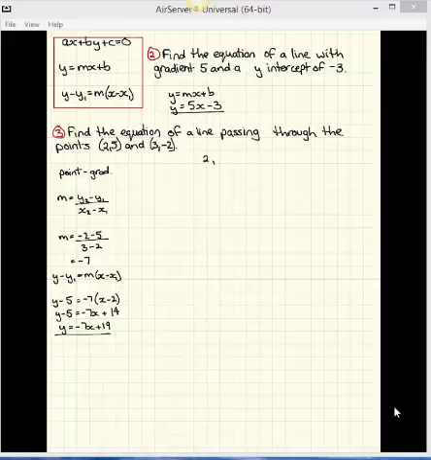Now if you wanted to use the 2-point formula, you're going to substitute straight into it. But again, I want you to start off with your formula so they know exactly what you're doing. So y minus y1 all over x minus x1 is equal to y2 minus y1 all over x2 minus x1.